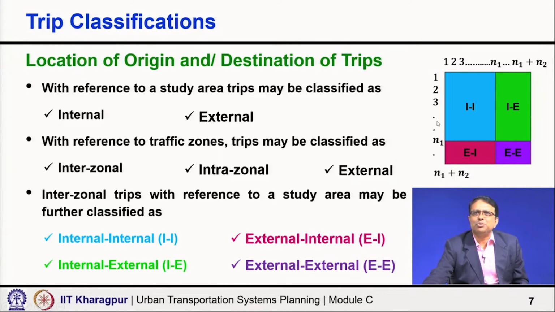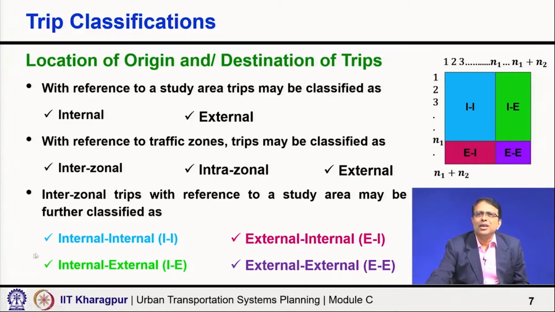How can I interpret a cell here? Tij: produced in zone i, attracted to zone j. So, produced in any one of these N1 zones, but attracted to any one of these N2 zones. That is internal-external: produced internally, attracted outside.